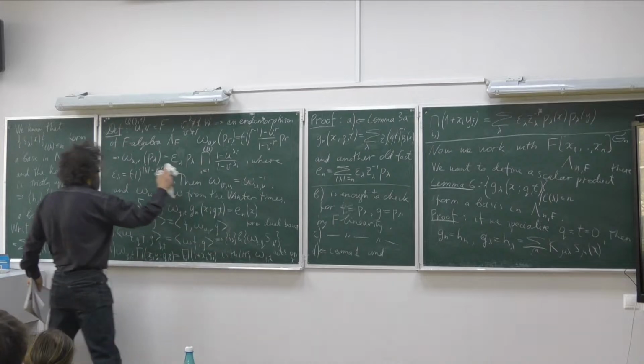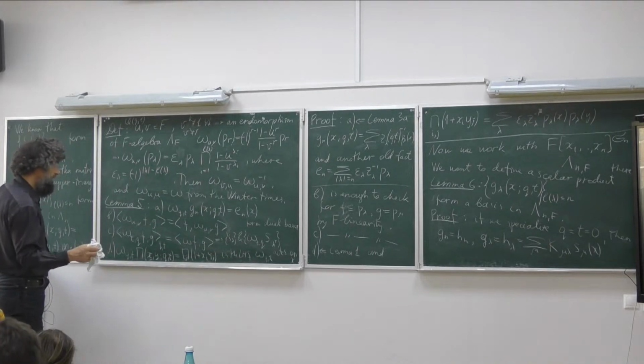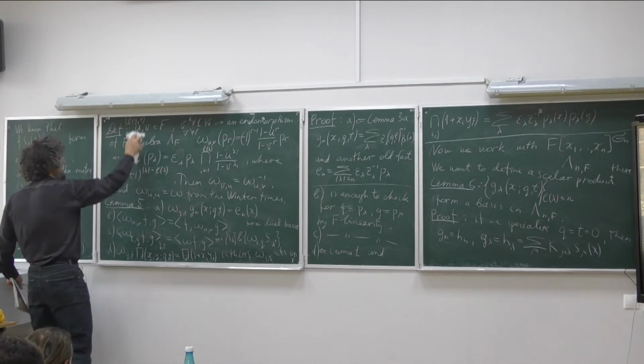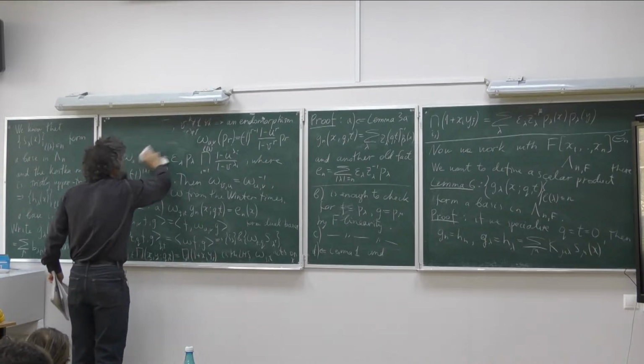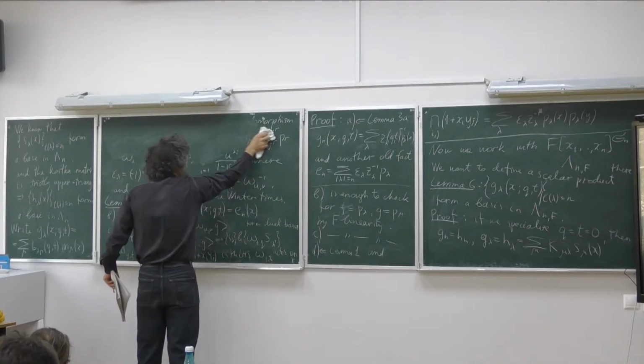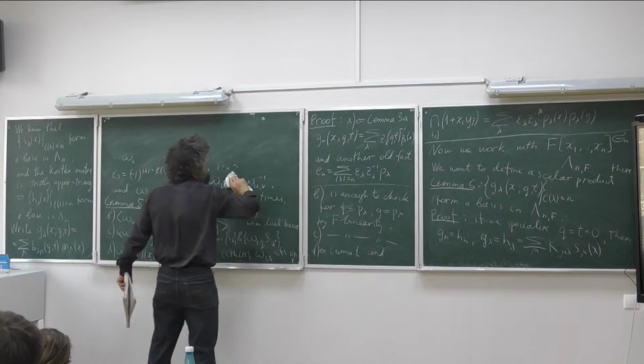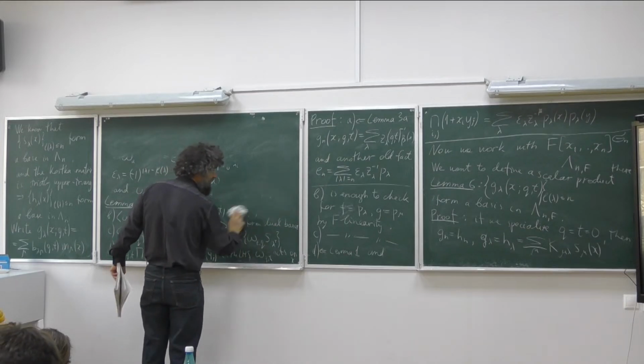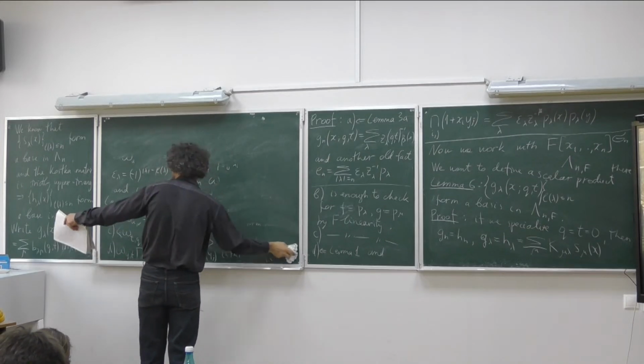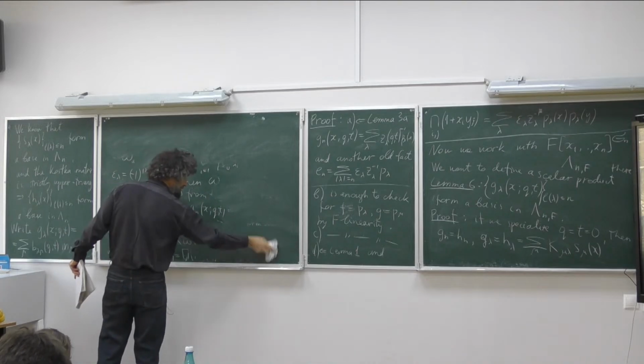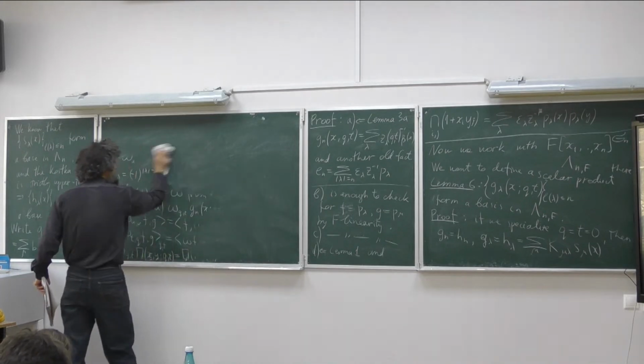Yeah. So these are just coefficients, matrix elements of the transition matrix from the monomial basis to the g basis.